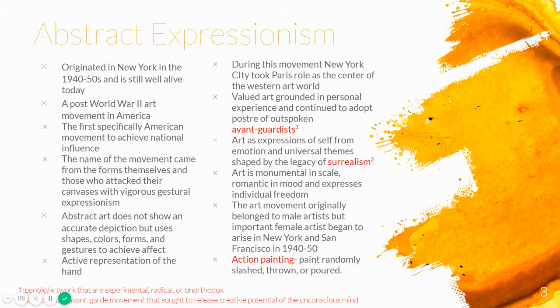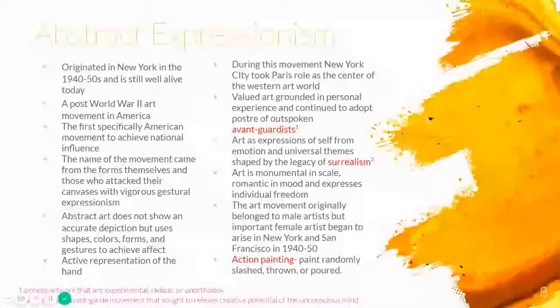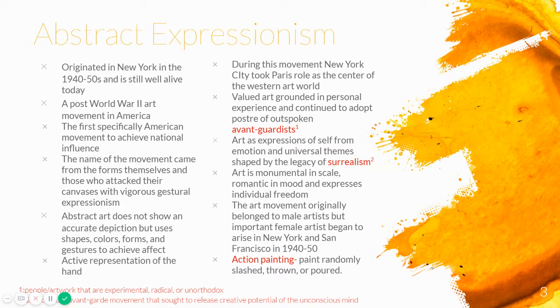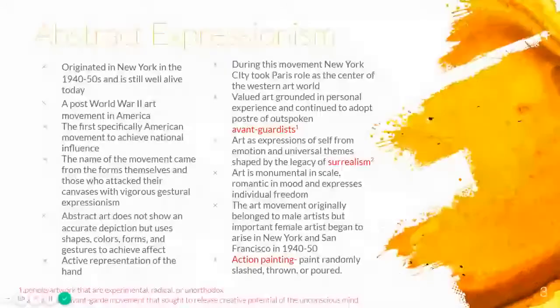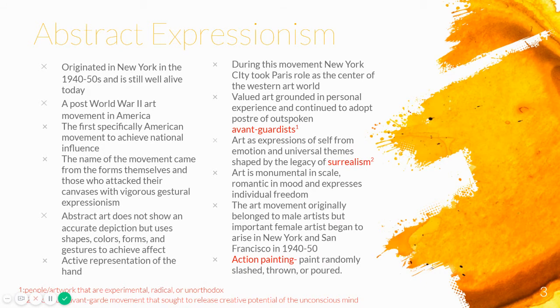And I know that gets confusing, but we're talking about movements that overlap each other or are completely functioning simultaneously because one school of thought of what art should be could coexist with somebody's opposing opinion or style or school of art. So I know that it can get very confusing.